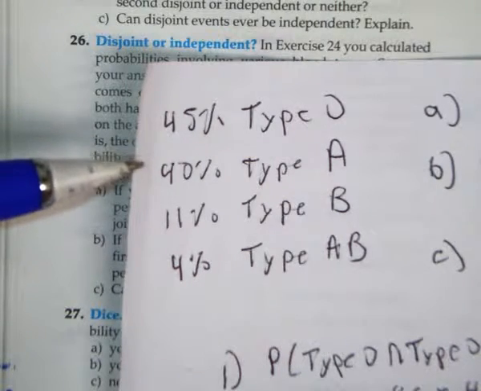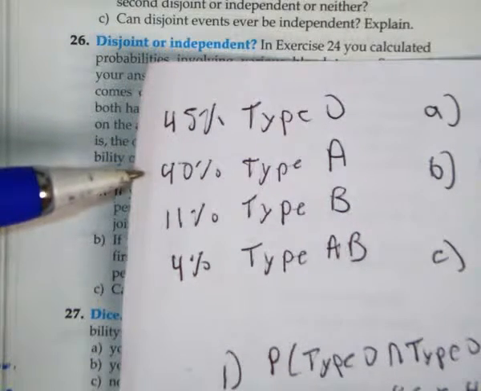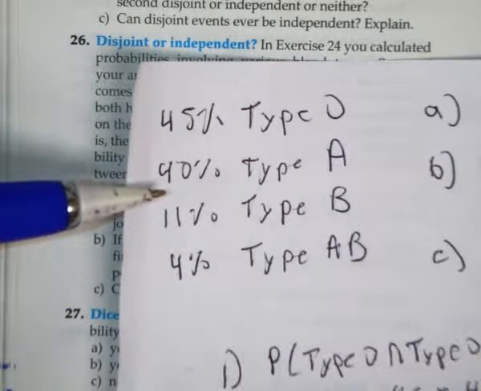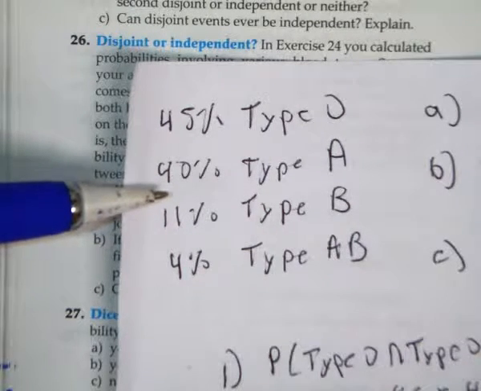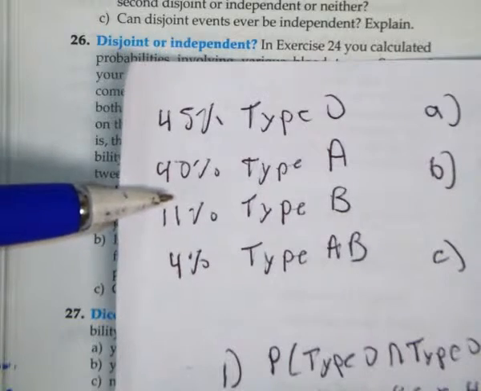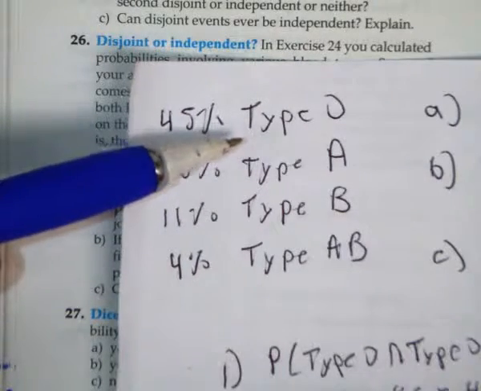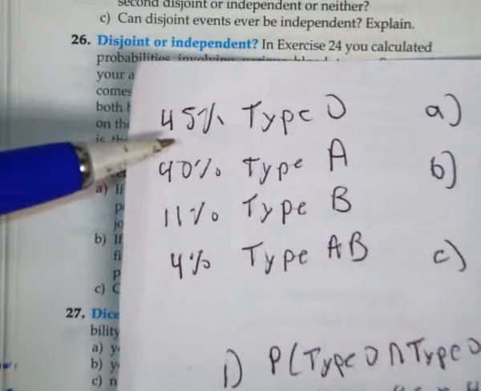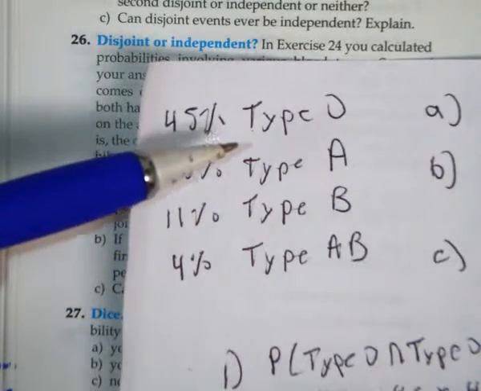So the doctor comes back with the test result and he says, guess what? You are type A. Well, now that you are type A, what is the probability that you are type O? Well, it's not 45% anymore. It is 0. You cannot be type A and type O.